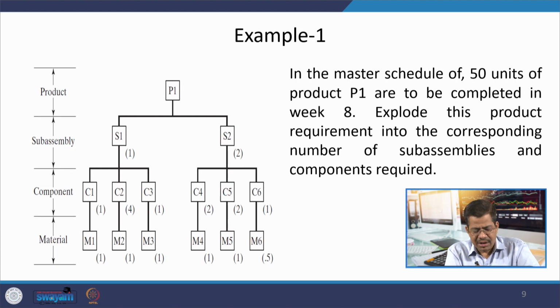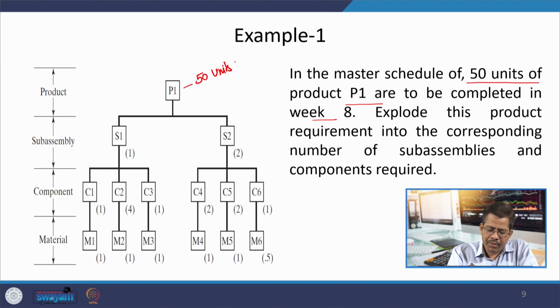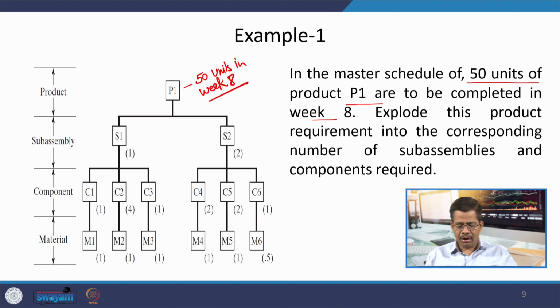Now, consider this example again, which we were discussing few minutes back, that we have this product structure diagram and 50 units are to be completed in week 8, that is our commitment. Now, for this purpose we have to decide how many orders we need to release when.